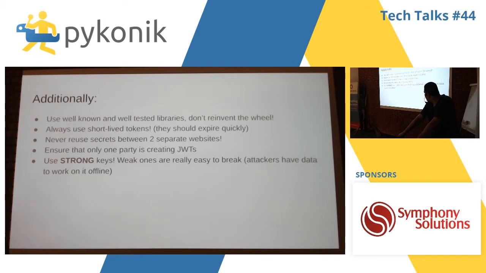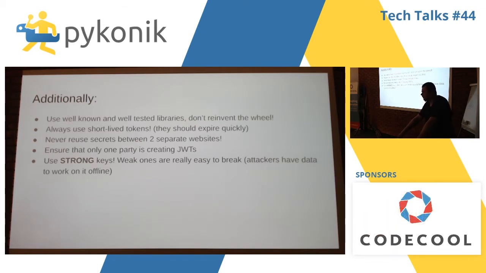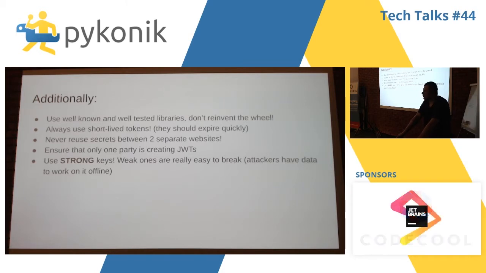Ensure that only one party is creating JWTs. So if you're creating multiple services, pick one that will be the only one responsible for creating new JSON Web Tokens, for logging in the user, etc. And this should be the only one that is creating JWTs.